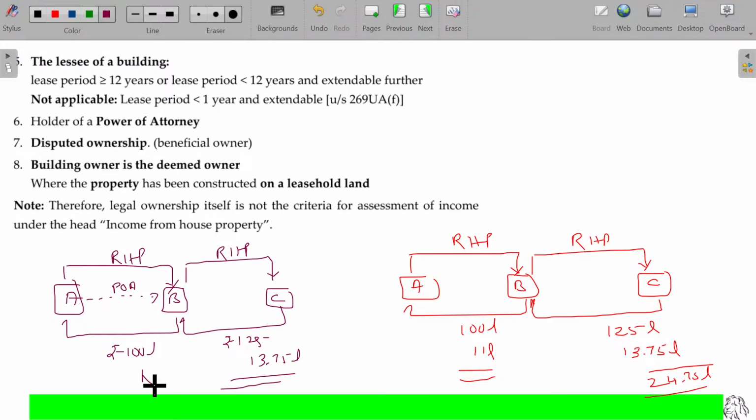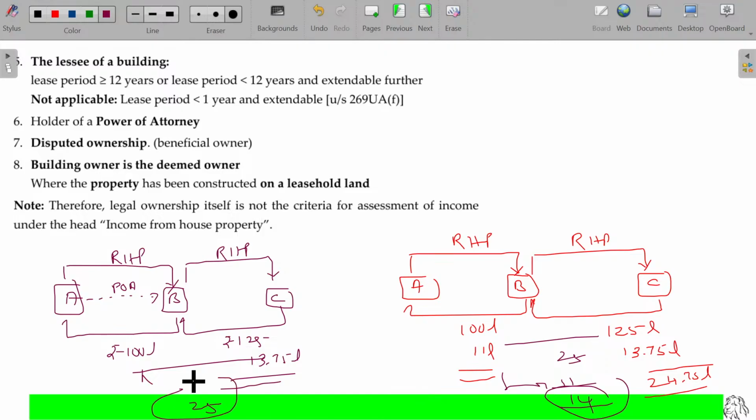Now B is also making a profit, and B connects with other customers to buy. So for all the service rendered, there is a profit. Is that clear? His profit is the difference between these two, 25 lakhs. Since he has already paid 11 lakhs, 14 lakhs is the gain. In order to increase the gain, he usually gets the power of attorney.